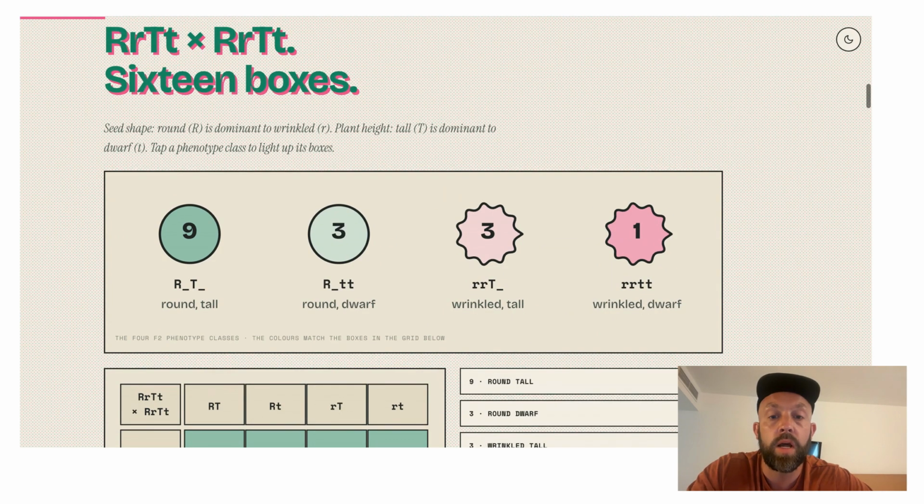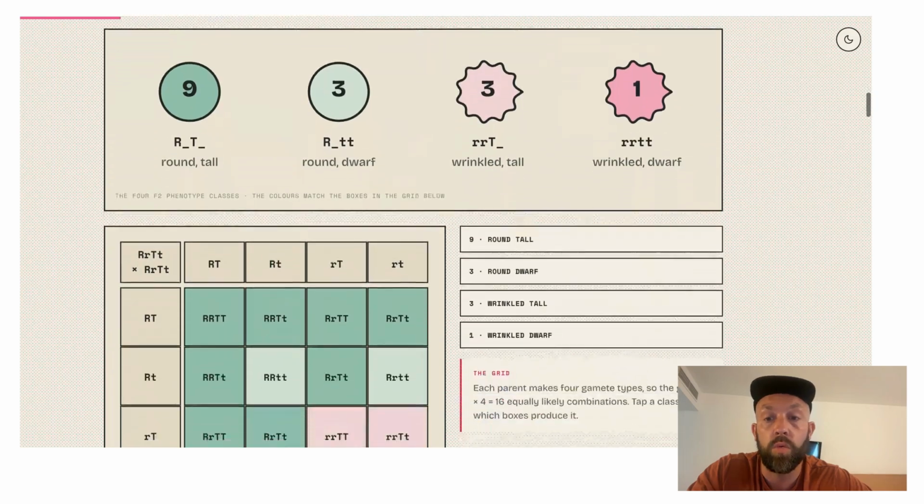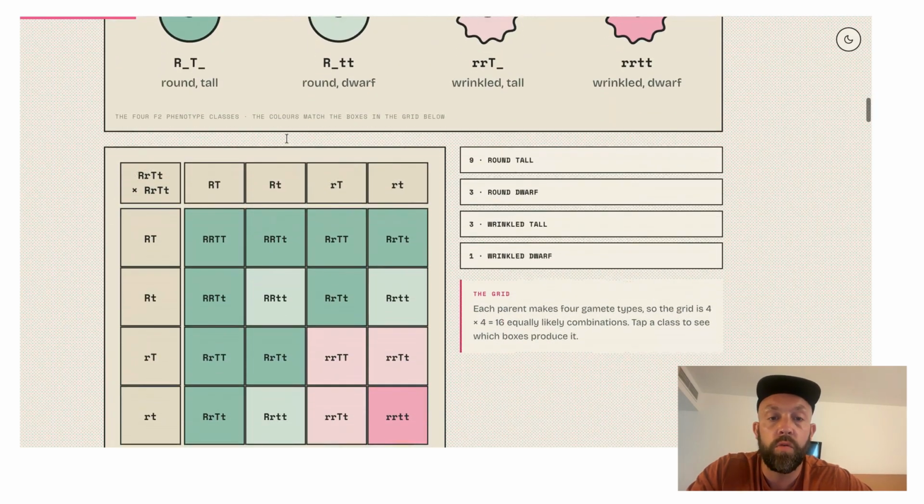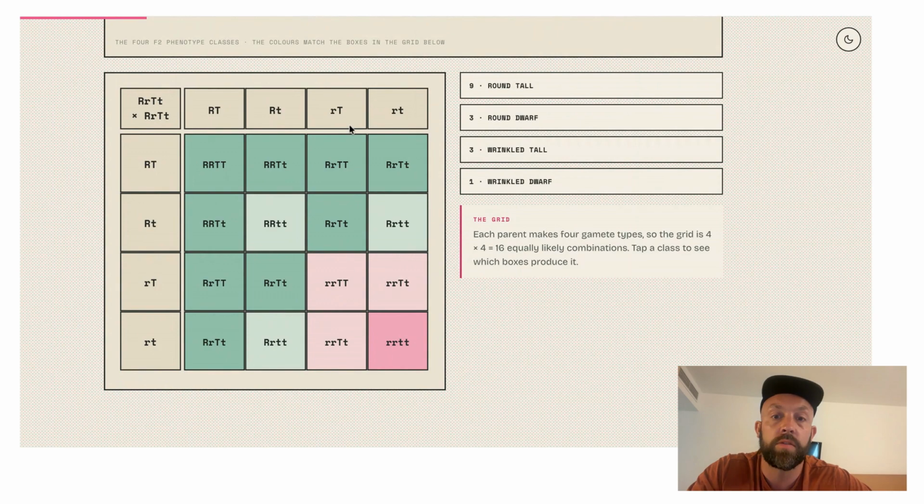Here we want to remember 9:3:3:1. If we take the possible gametes from a heterozygous individual, we get big R big T, big R little t, little r big T, and little r little t. And that will be the same for both.